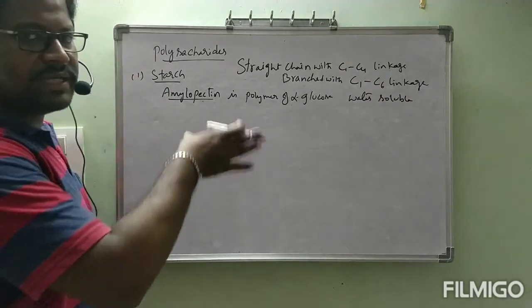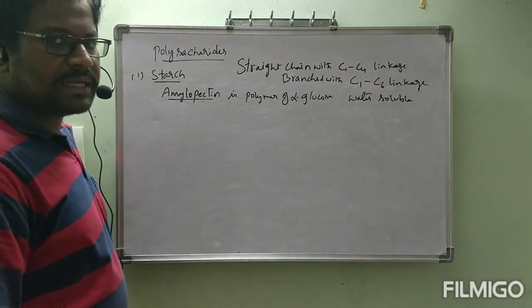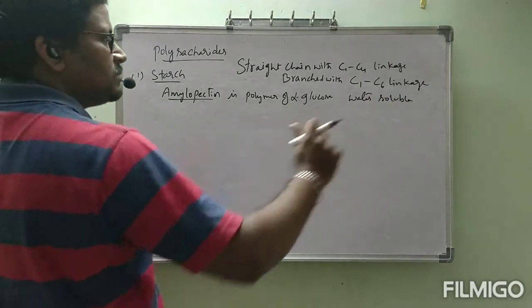Now we will see how it gets branched with the other one. Let us see first. Imagine one straight chain like this.